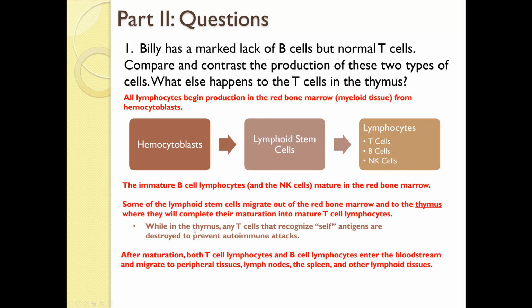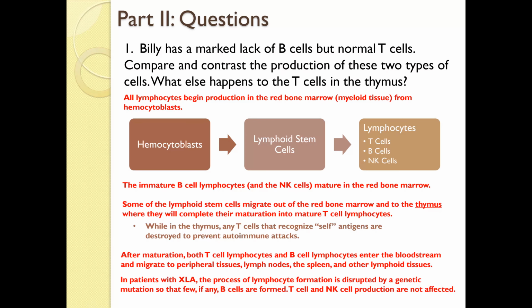While in the thymus, any T cells that recognize self-antigens are destroyed to prevent autoimmune attacks. So in patients with XLA, the process of lymphocyte formation is disrupted by a genetic mutation so that few, if any, B cells are formed. T cell and NK cell production are not affected.